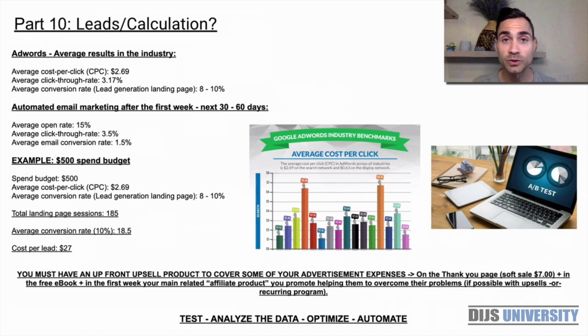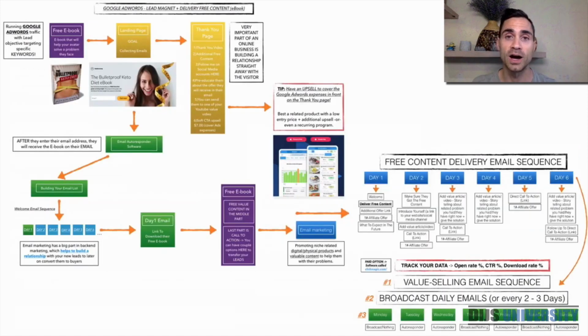Now let's jump to the last slide, where I want to go quickly through the entire system flow. You are familiar with this screenshot. Very important is the thank you page upsell, and then if you would like to, you can put another one inside the free ebook when you deliver that.